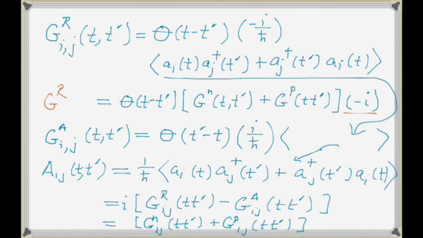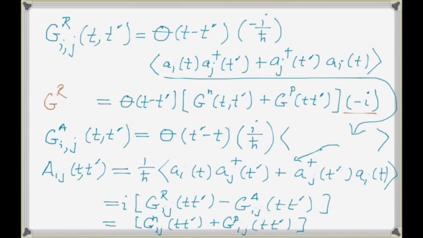Our spectral function, another thing we spent a lot of time working with, is given on the next line. And again, the thing in the brackets is exactly what we had in the brackets for G^R and G^A. It's the same anti-commutator between a_i and a_j dagger.